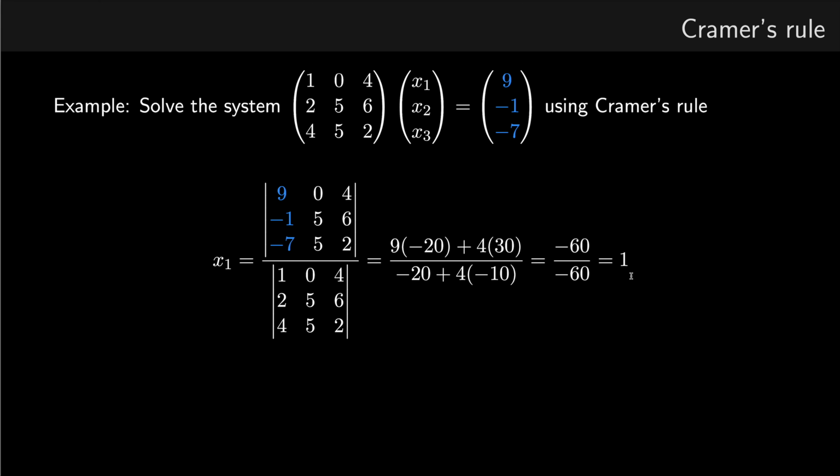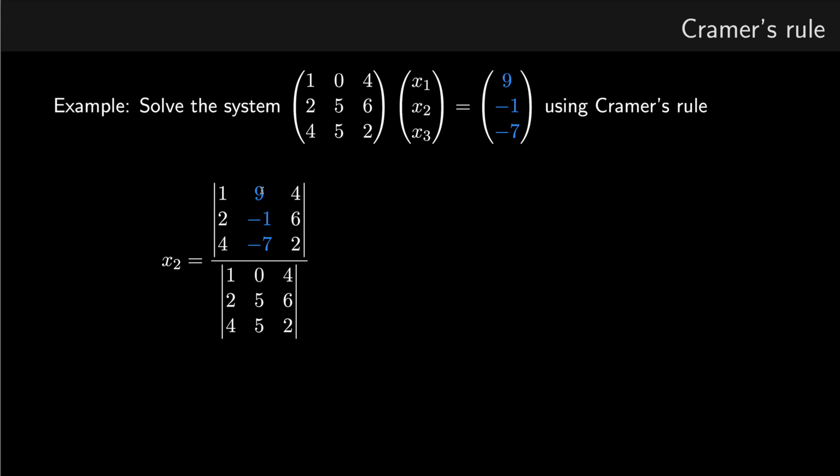Now for the solution for x2, we replace the second column of A with our constant vector. So the first column of A2 is simply the first column of A. The second column of A2 is our constant values, and the third column is the third column of A. Again we have 3 by 3 determinants as before.